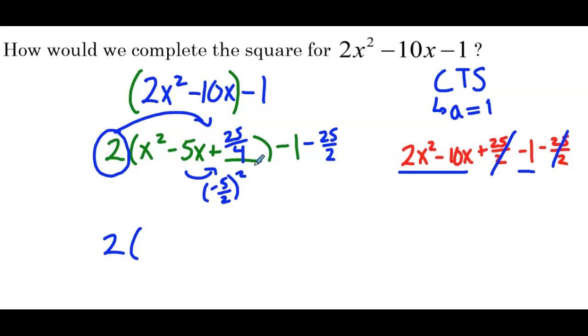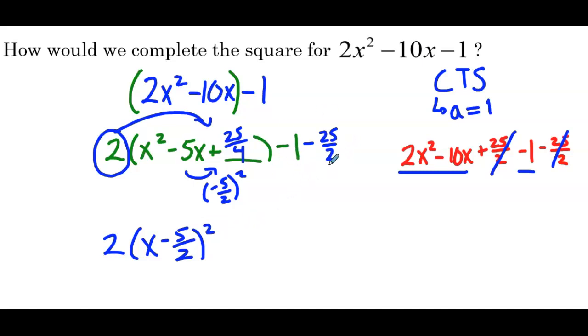A factor pair of 25 over 4 that adds to negative 5 is going to be negative 5 divided by 2, right? The coefficient of x divided by 2. Negative 5 over 2, negative 5 over 2 definitely multiplies to be 25 over 4, and that would add to be negative 10 over 2, which is negative 5. So (x minus 5 over 2) squared.